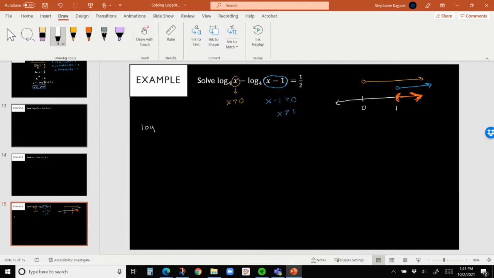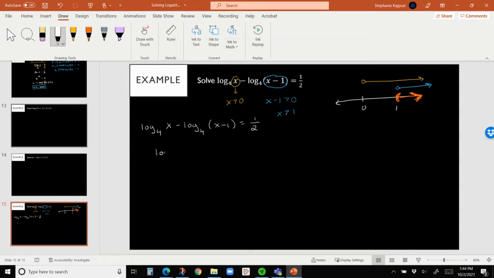So I'm going to go back to rewriting our problem. Log base 4 of x minus log base 4 of x minus 1 equals 1/2. So our properties of logarithms say that if you have 2 logs that are subtracted, that's equivalent to a single log with them divided.